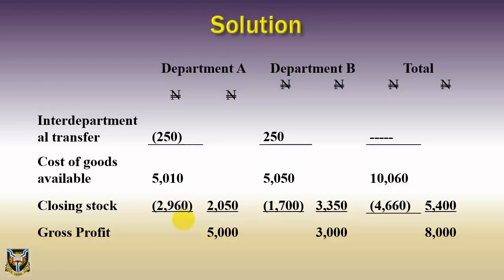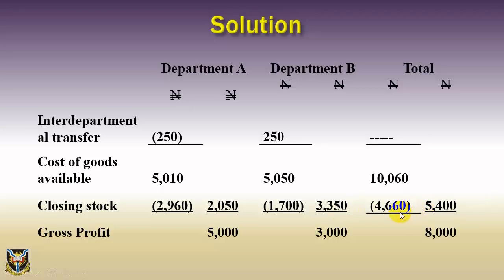Closing stock, Department A, 2,960, making 2,050. Department B, 1,700, making 3,350.